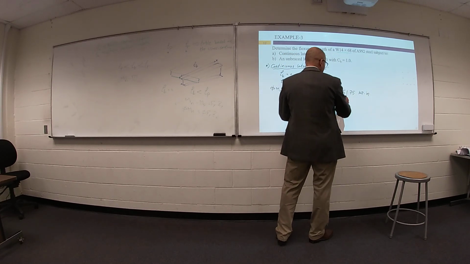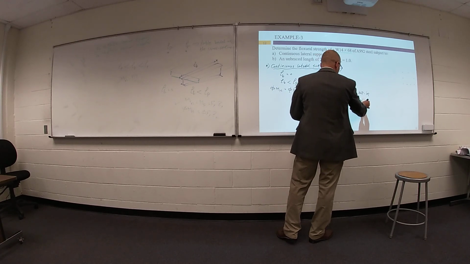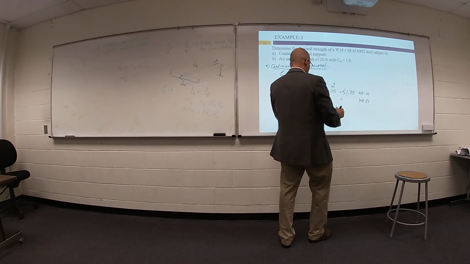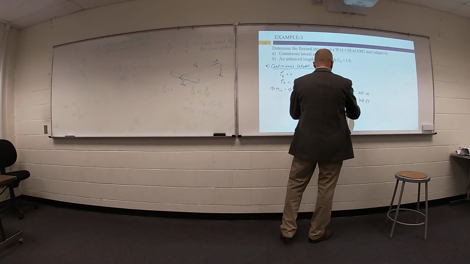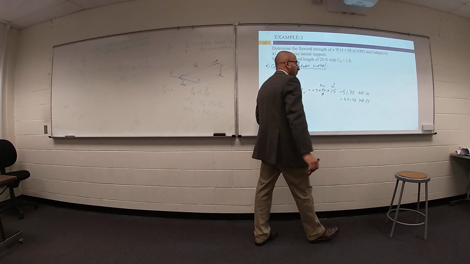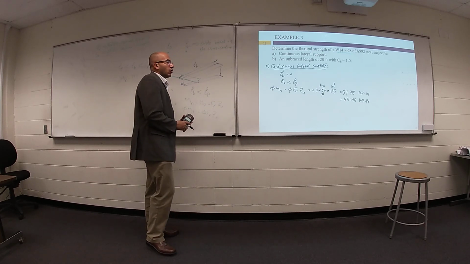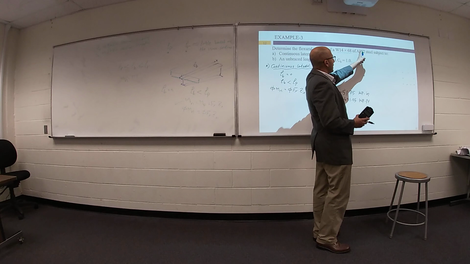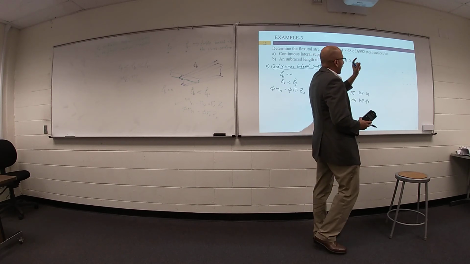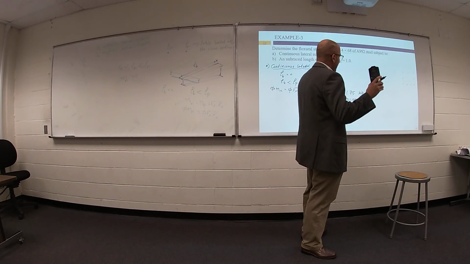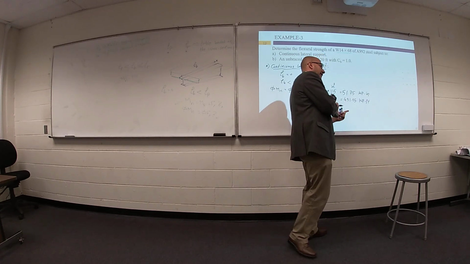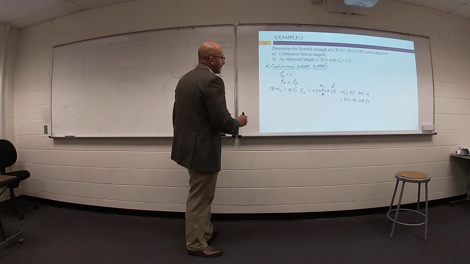We like it to be kip-feet because our units in structural analysis are kip and feet. 431.25 kip-feet. So this beam from this steel can support a bending moment equal to 431.25 or less.